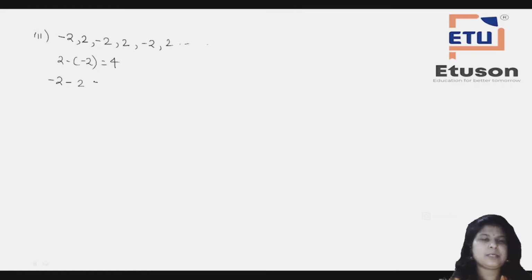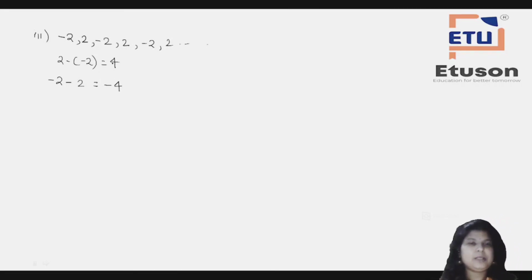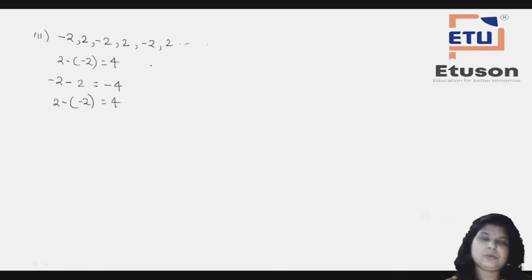What is the difference? It is -4. Again 2 minus -2, it is 4, right? So here the difference is alternately changing, 4, -4, 4. So it's a pattern, but this does not represent AP.